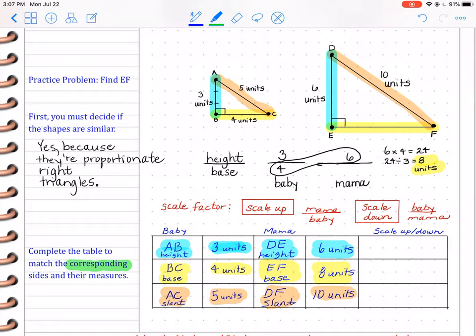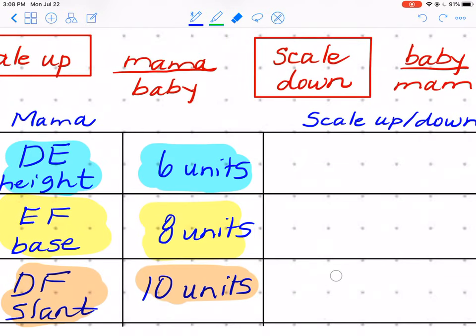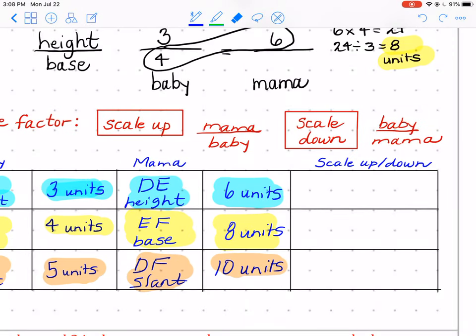Okay. To scale up and down, if I want to scale up, remember it's Mama over baby, and that will reduce by, let me zoom in here. We don't want to zoom too far because then we can't see the units. Okay, Mama is 6, baby is 3, and then if you reduce that by 3, Mama is 2 times bigger than baby.